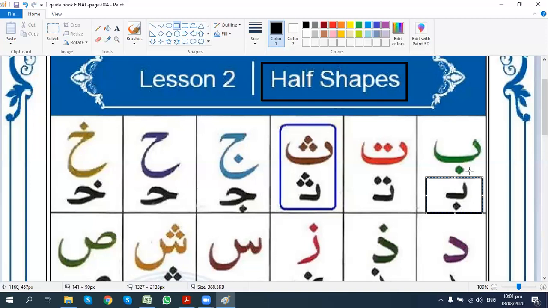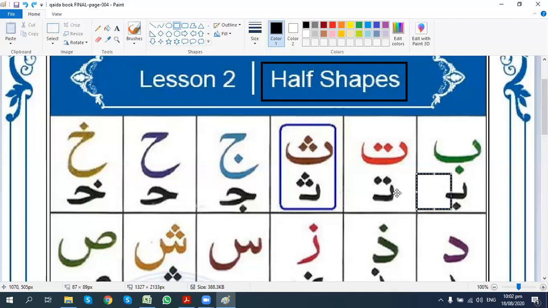Because you already taught him that whenever you see one dot in the bottom of any letter, you can call it ba. Because here also there is one dot in the bottom, he or she will recite this letter as ba. And now you just tell him that this is the half shape of ba, meaning whenever the letter ba comes in the half shape, it will look like that.